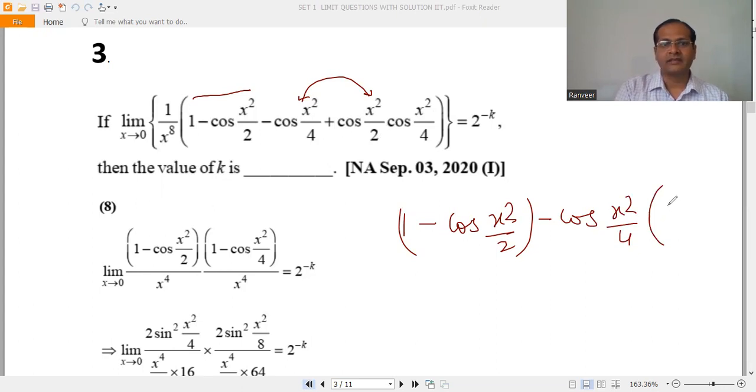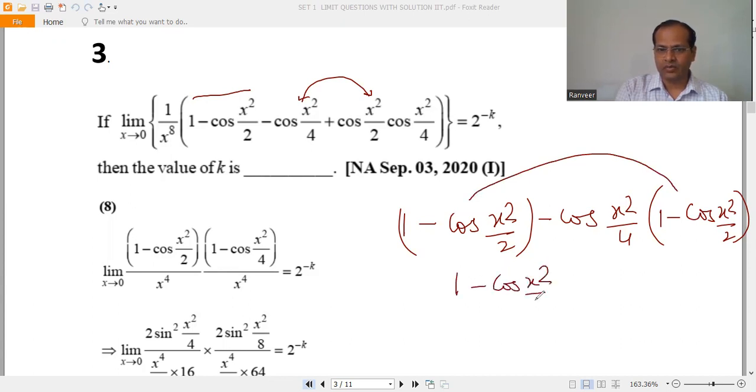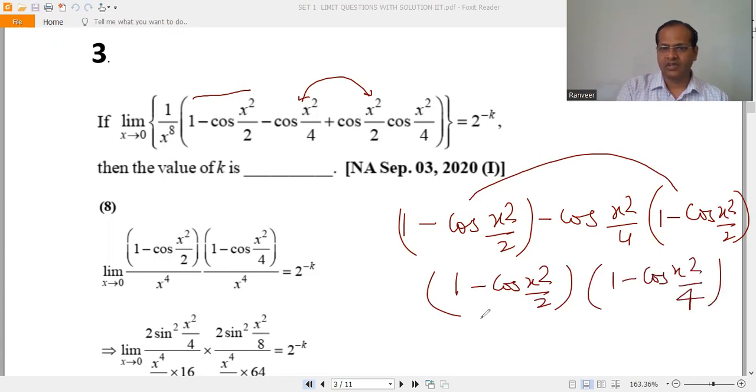This is nothing but cos x square by 4 once we take it out, so 1 minus cos x square by 2. Just match, minus cos x square by 4, and this is the plus term, the product. So this and this are both the same: 1 minus cos x square by 2, and 1 minus cos x square by 4. So this is nothing but the form of a product.